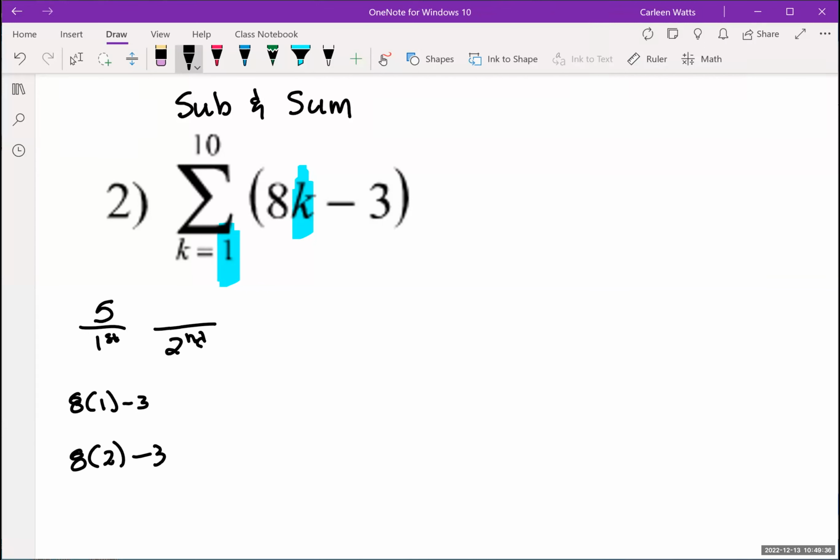I am subbing all these numbers in. Plugging them in and getting the terms, which is 16 minus 3 is 13.